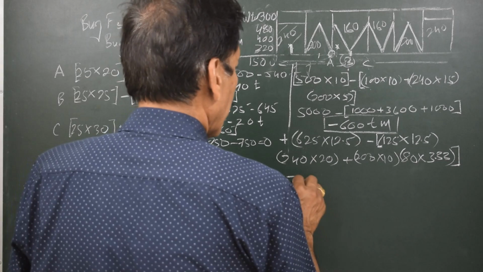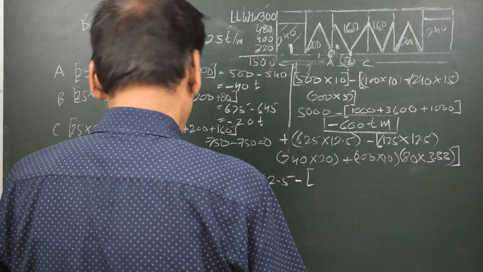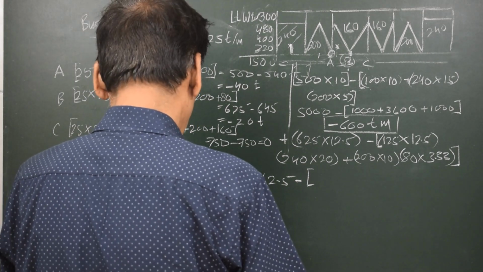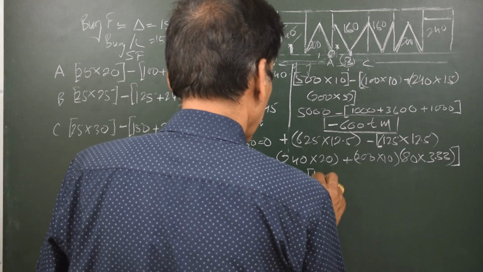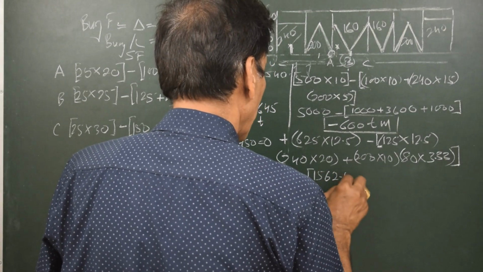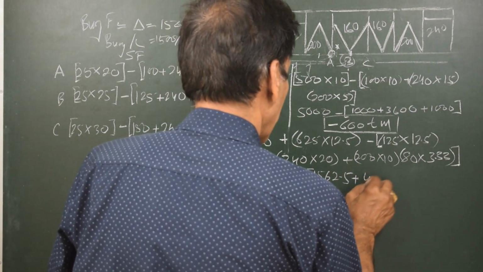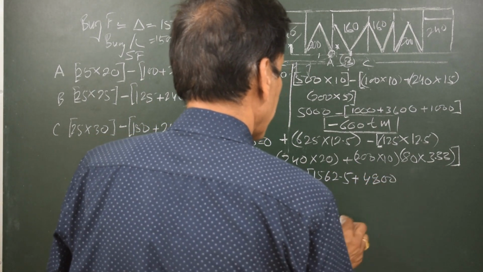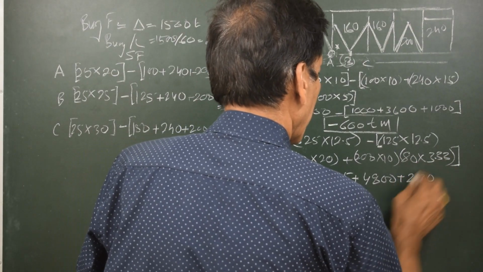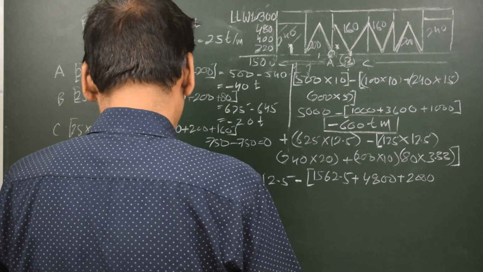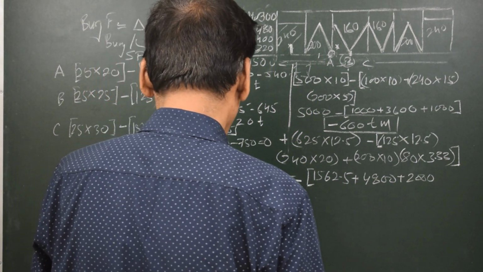And then the negative: 125 into 12.5 gives me 1562.5. 1562.5 plus 4,800 plus 2,000, and 80 into 3.33 gives 266.4.